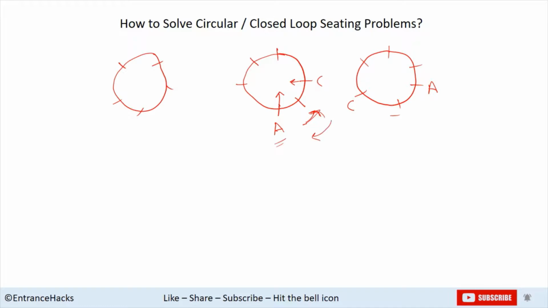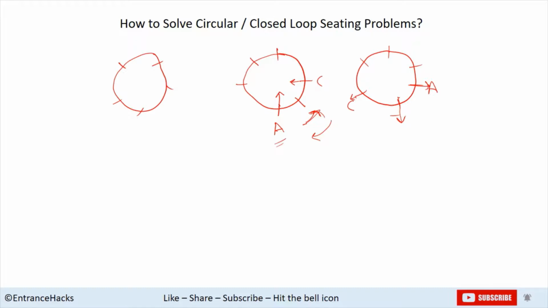So A is to the left of C, sitting in the clockwise direction. This is opposite when people are facing outwards. Suppose people are facing outward here.